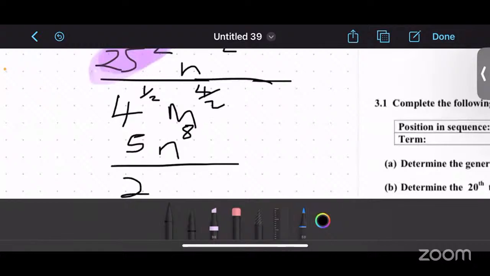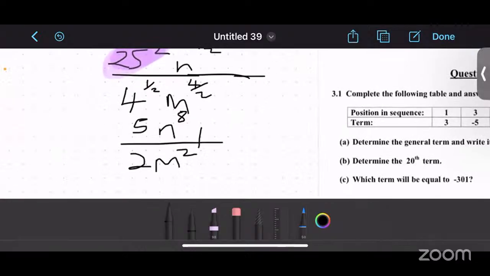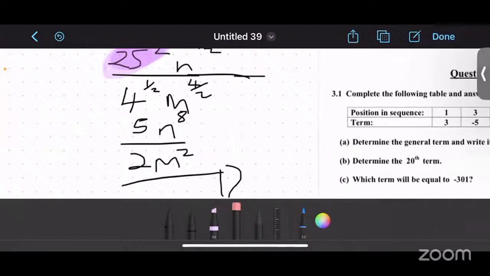And then m to the power of 4 over 2 is m squared. And this should be my final answer, because I don't think I can simplify it any further: 5n to the power of 8 divided by 2m to the power of 2.